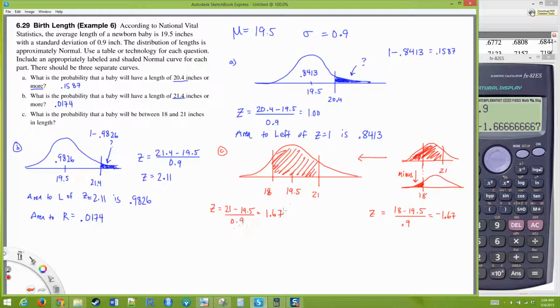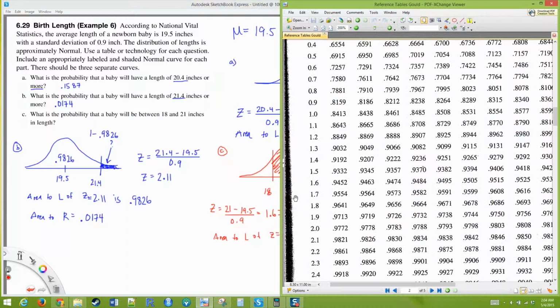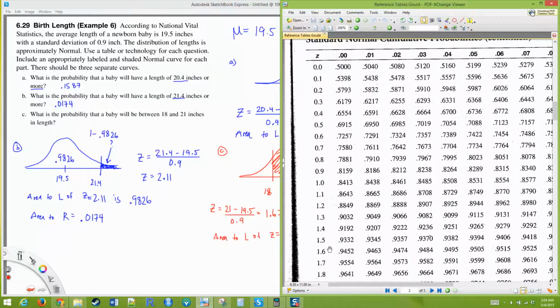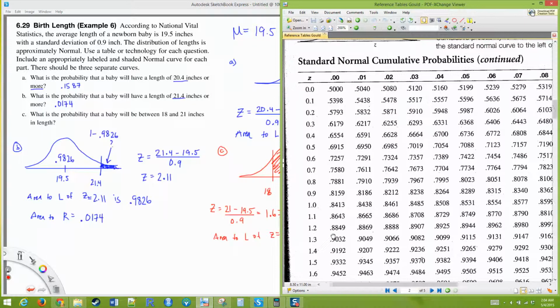Okay, so I'm going to find the area to the left of z equal to positive 1.67, and I'm going to find the area to the left of z equal to negative 1.67. I'm going to do the same thing using the table. So first, positive 1.67. 1.6 is this row right here.